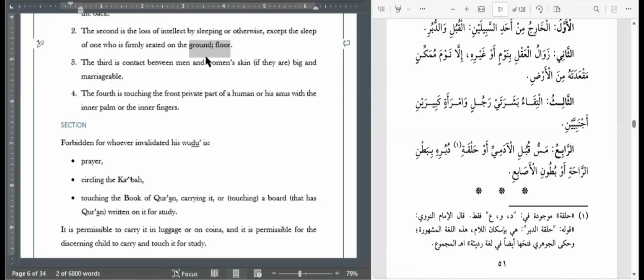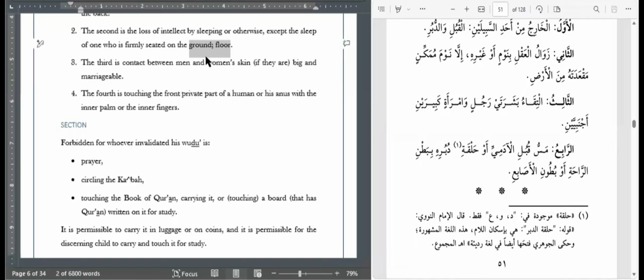But sometimes when you do that, it goes beyond the comprehension of people. It's like too scientific now. Why did he say it this way? He said it that way because he's trying to cover everything all at once. Here, why did the author say the ground or the floor when that's not a condition? Like, what if you're sitting on a chair? Or what if you're sitting on an animal?